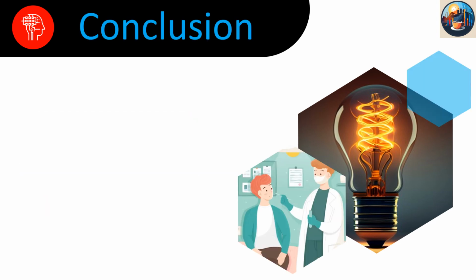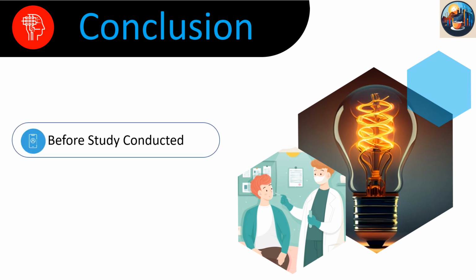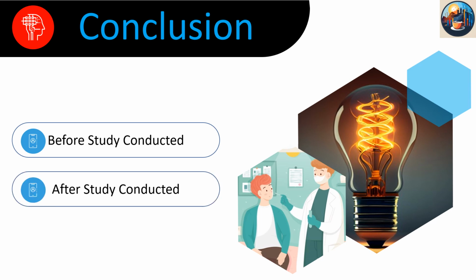In conclusion, for left censoring, the event of interest definitely occurs before the study is conducted, and for right censoring, the event of interest definitely occurs after the study was conducted. So in this video, we found out what left censoring and right censoring are, and most importantly, you have to understand that the event of interest will definitely occur outside of the study.